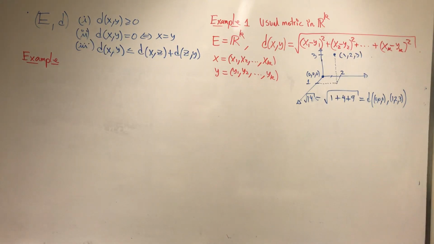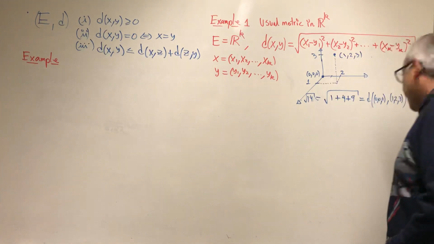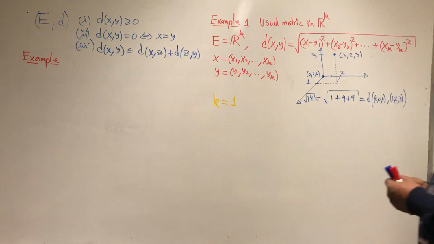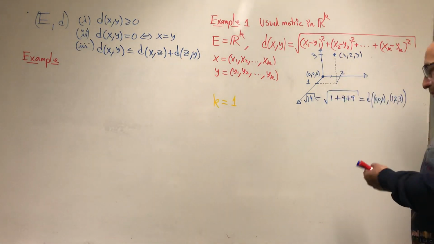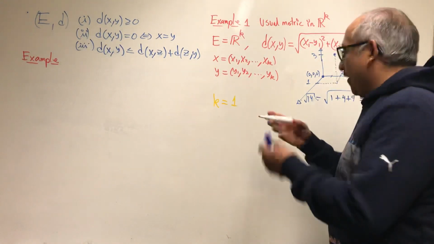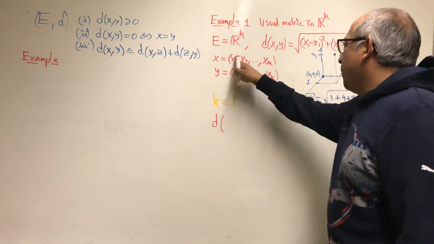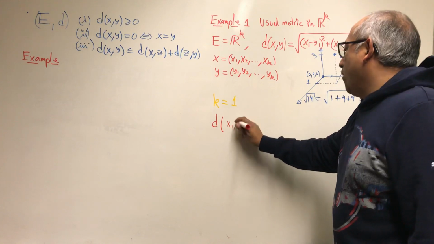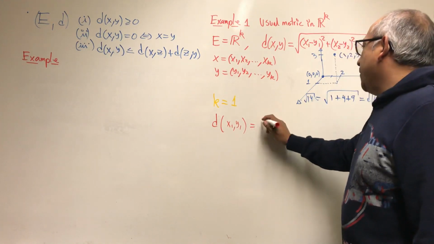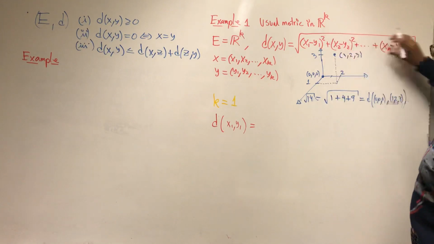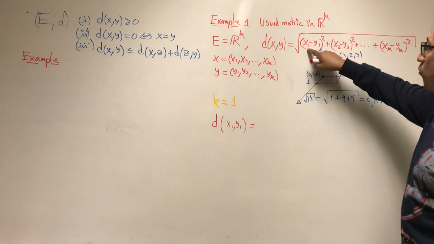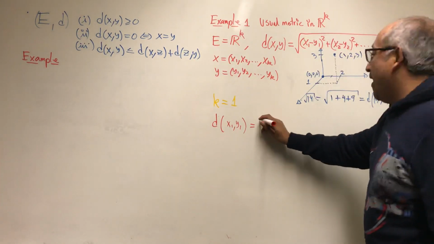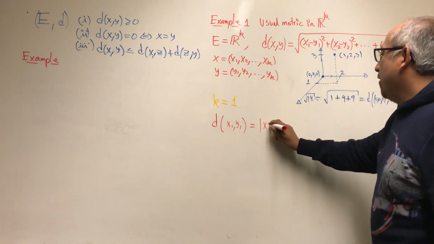Of course, what happens when k equals 1? You end up with the distance from x1 to y1, where the other terms do not exist, and you end up with the square root of (x1 minus y1) squared. The square root and the square cancel out, leaving the absolute value of x1 minus y1.